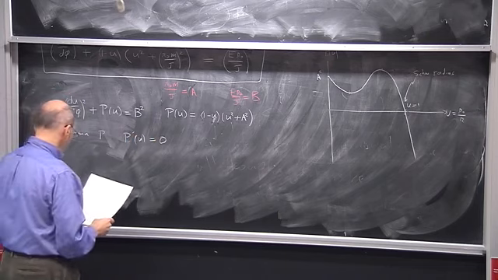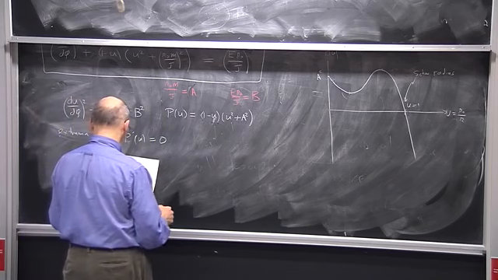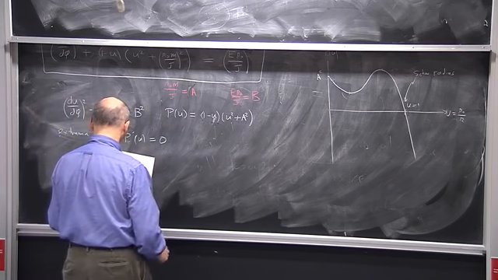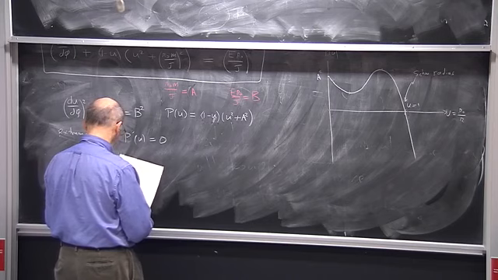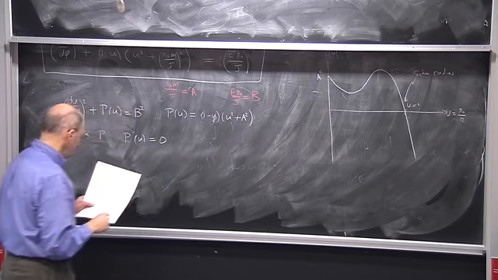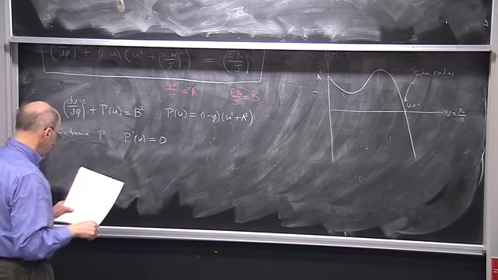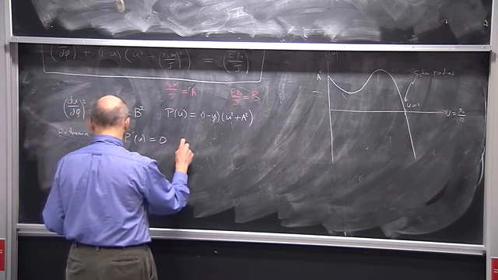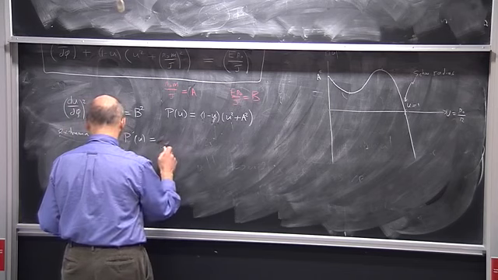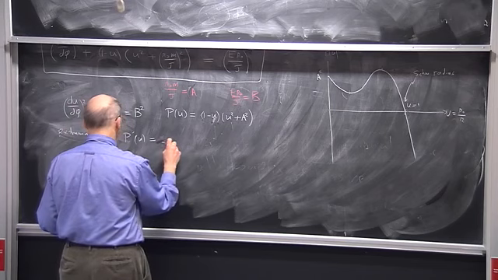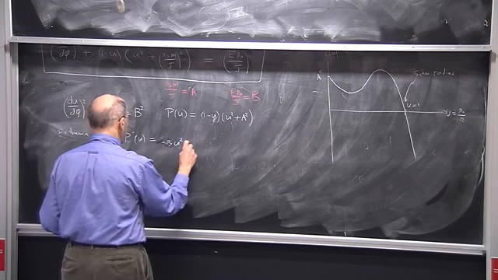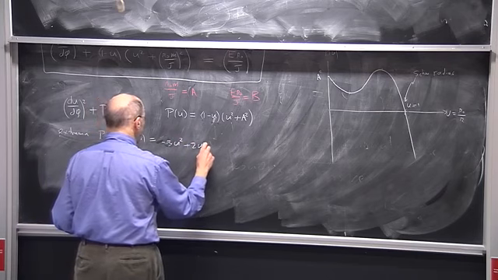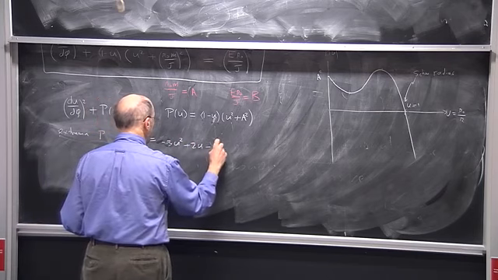If you work out the trivial algebra, which I'm more likely to make a mistake on than get right anyway, it's equal to minus 3u squared plus 2u minus a squared.